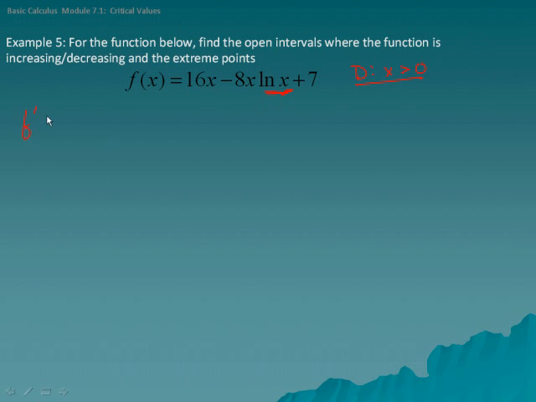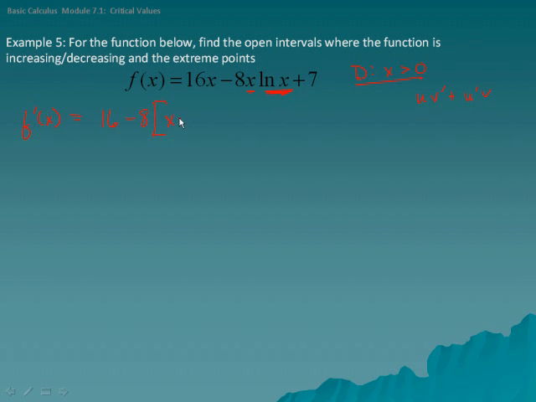Okay, so let's go through and find f prime of x. If we take the derivative of the first one, that'll be 16 minus 8. Let's take the derivative of the second one using the product rule, which is u v prime plus u prime v. So x is my u and ln x will be my v.